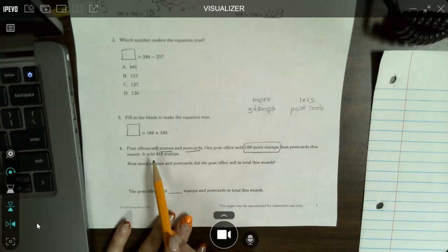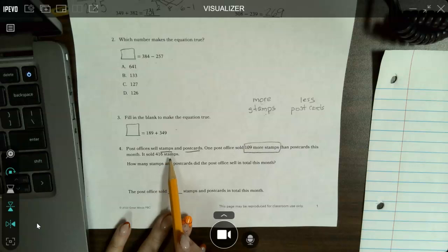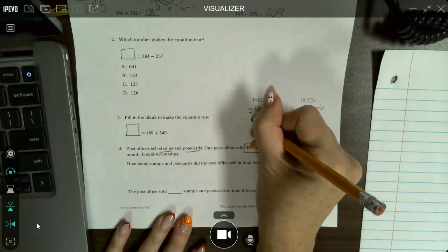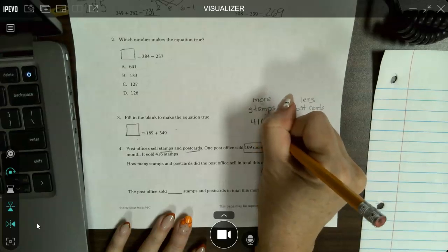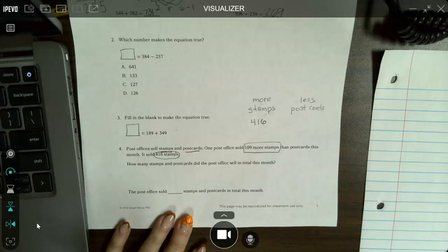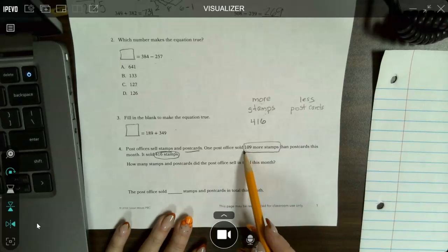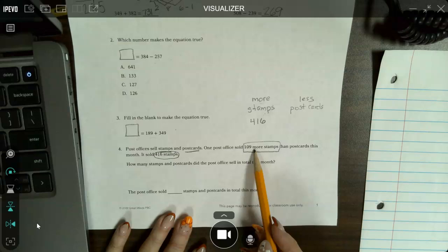Then it continued to say, we sold 416 stamps. Now, I know that I sold a total of 416 stamps, but just a minute ago, it told me that was 109 more. More than who?